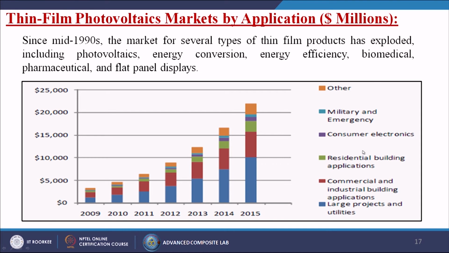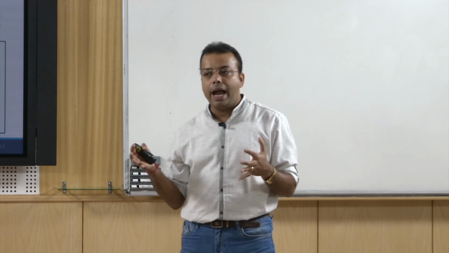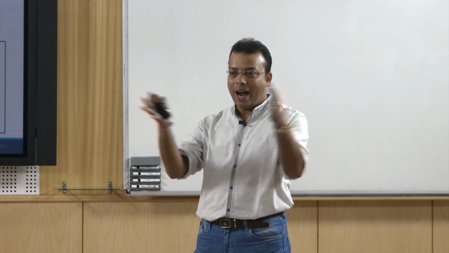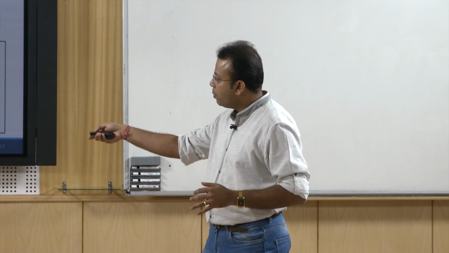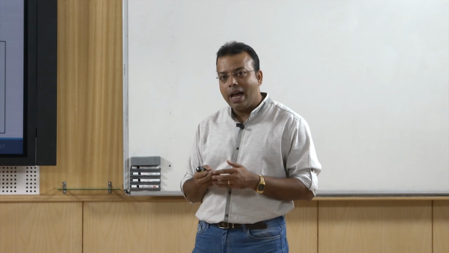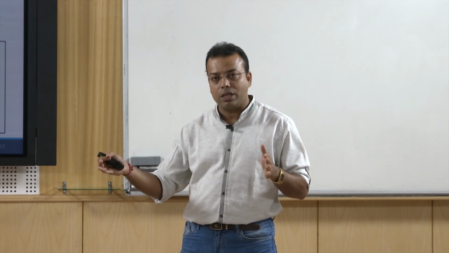These are combinations of different types of applications, and in a wide spectrum, in 2009 it was around 4,000 and in 2015 it reached about 20,000. So, a 5 times multiplication has occurred within these 6 or 7 years.